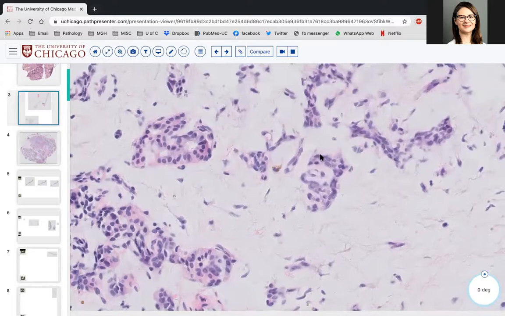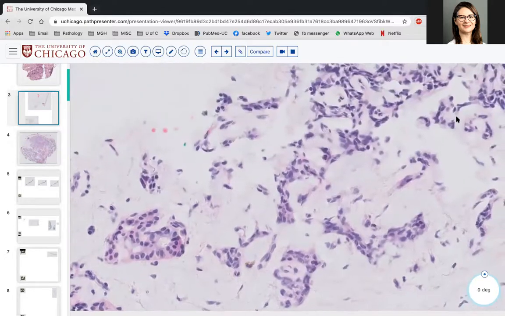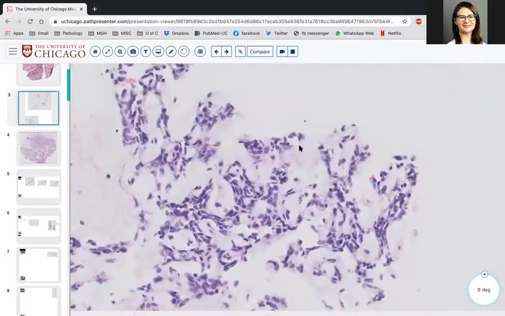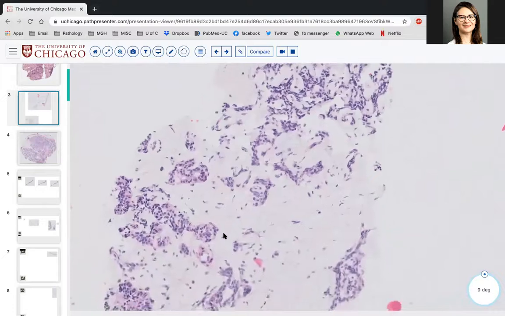So this was, sorry, again, I keep forgetting the history. 55-year-old female with a 1.5 centimeter mass of the parotid gland. So what's your differential, and would you do anything on biopsy to help you out with that?